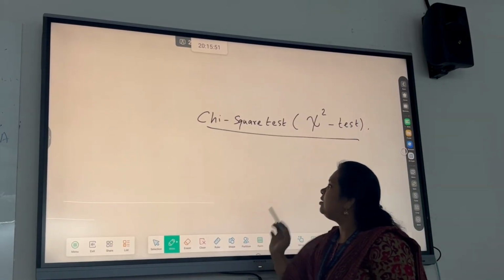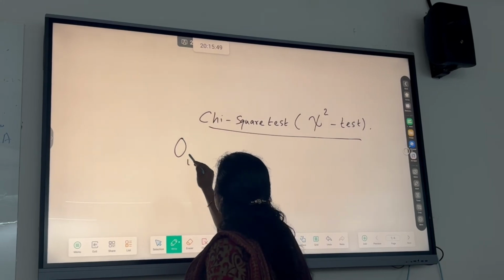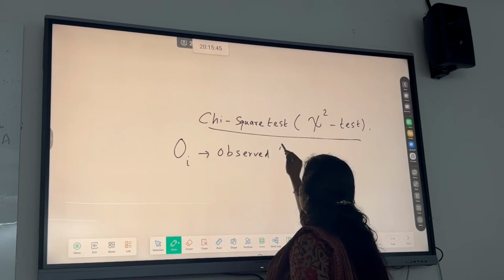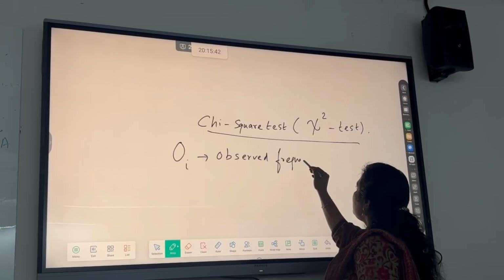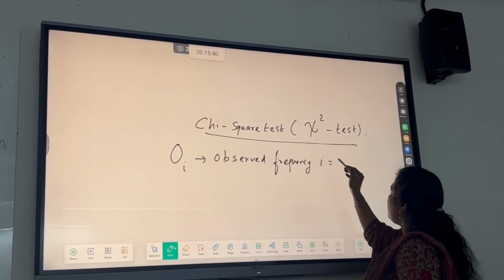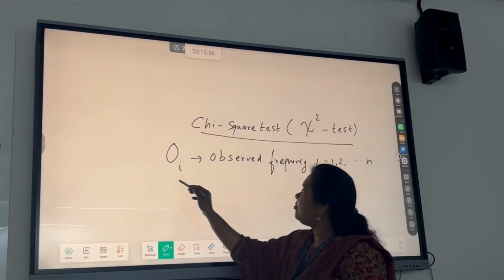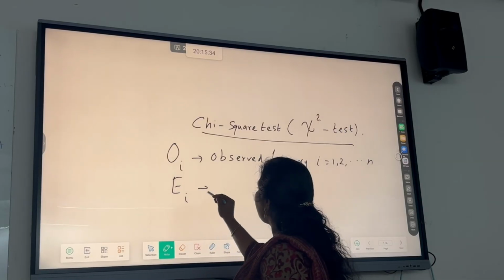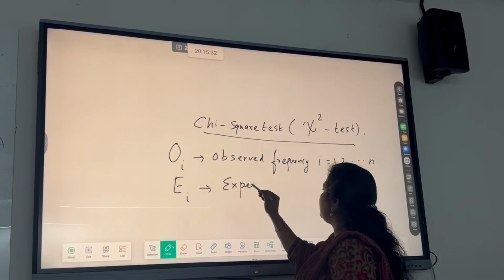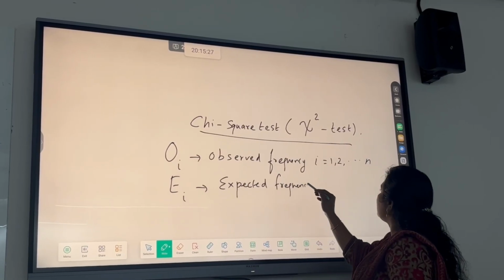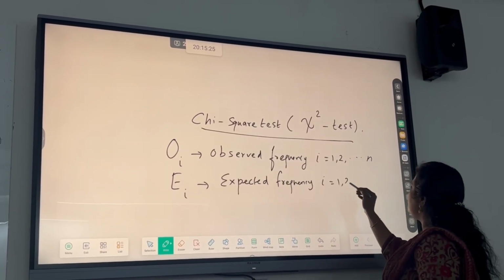Here, OI is the observed frequency, where I is from 1, 2, 3 up to n. EI is the expected frequency, where I is from 1, 2, 3 up to n.